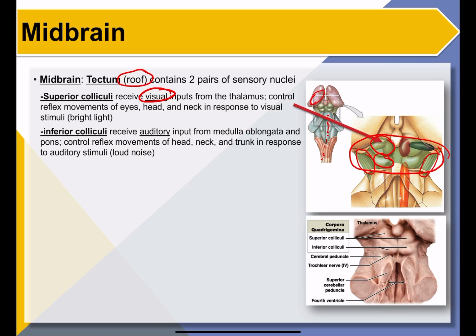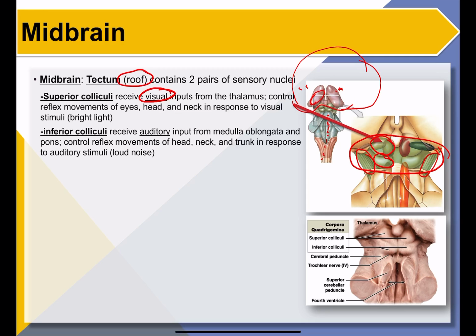It's traveling right from your eyes and your ear, because your cerebrum is all around here, and there's an optic nerve that goes from your eyes towards the occipital lobe, and that optic nerve actually has to crisscross over within the thalamus called the optic chiasm, a part of the brain that you actually have to identify in lab. And that's where that visual input from the thalamus will then get to your superior colliculi of the midbrain.